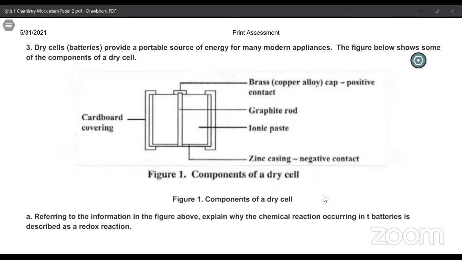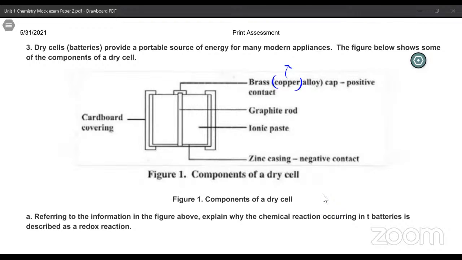But the fact that they stated copper here, they want you to use copper in your answer, not brass. So pay attention to that. And which is the positive contact. Graphite rod, the ionic paste, the zinc casing, which is your negative contact, or you can say negative terminal, whichever you're more comfortable with.